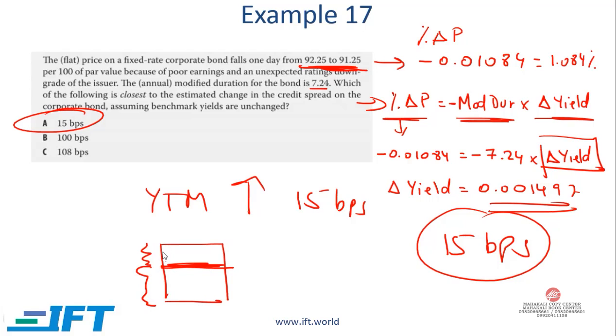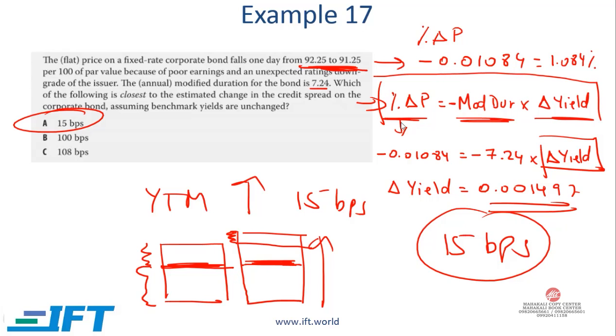Because of the downgrade, the only thing that is changing is the spread. So the market interest rates or the government bond rates are staying the same. This increase in spread is causing the YTM to go up, and that increase in spread is due to the downgrade. And notice that we used a standard duration formula to compute this increase in spread.